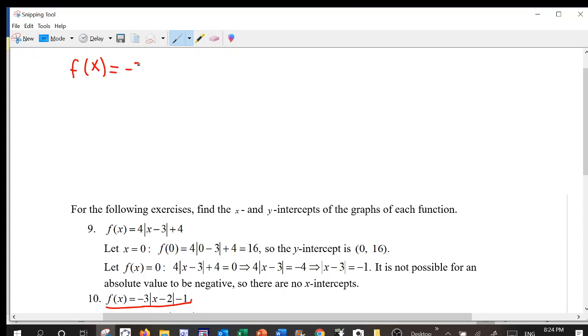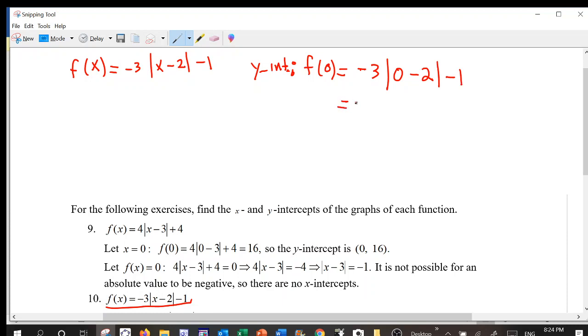So f of x equals negative 3 times the absolute value of x minus 2, minus 1. Well, the y-intercept is the easier one to find. The y-intercept is f at 0, which is basically negative 3 times the absolute value of 0 minus 2, minus 1. So that's negative 3, absolute value of negative 2, minus 1. Now don't multiply. This is not parentheses, right? This is absolute value.